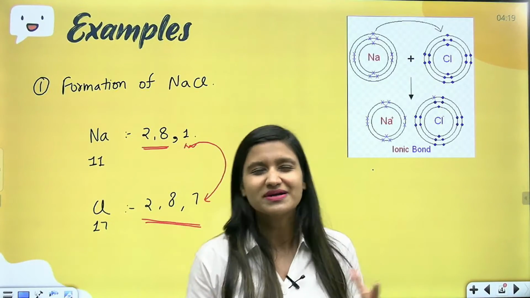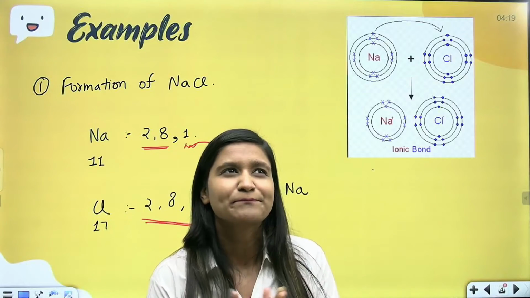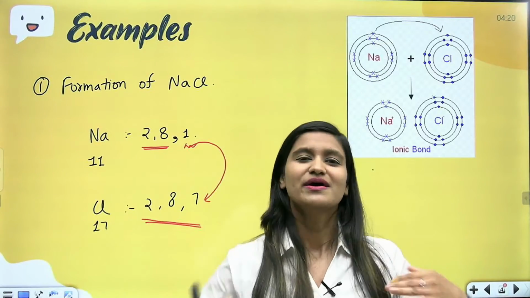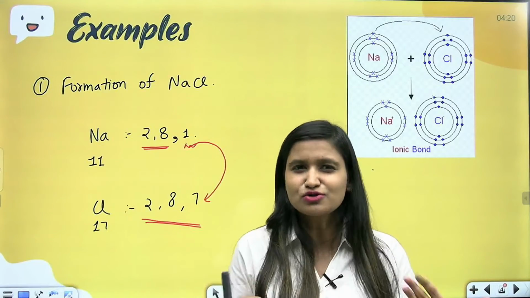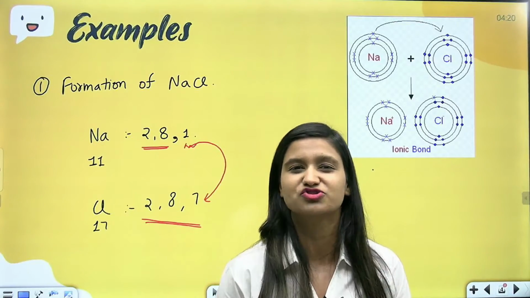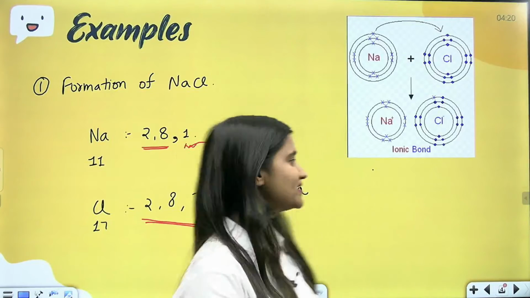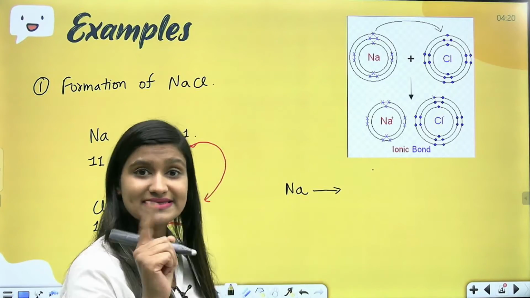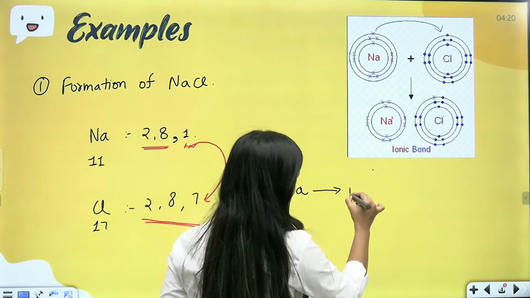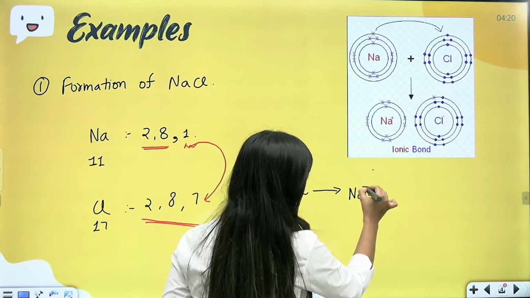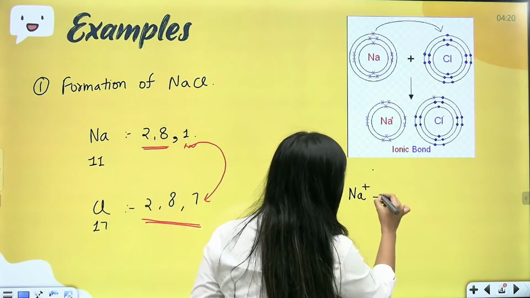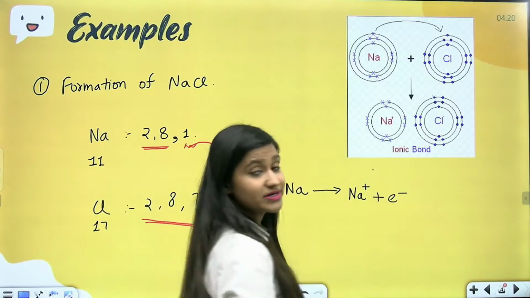You can remember it as: whenever you donate something, you get something positive in you. So this Na, when it loses an electron, it becomes Na positive. It loses an electron. So here it is.